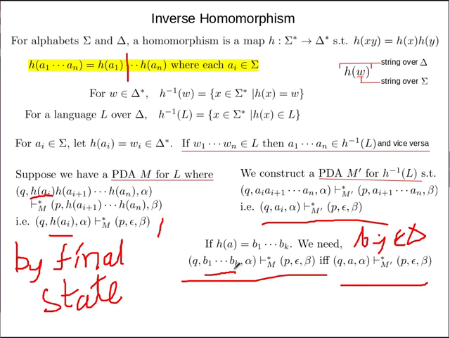So the correspondence is between a and h of a. H of a is this whole big thing where each of the symbols are here.